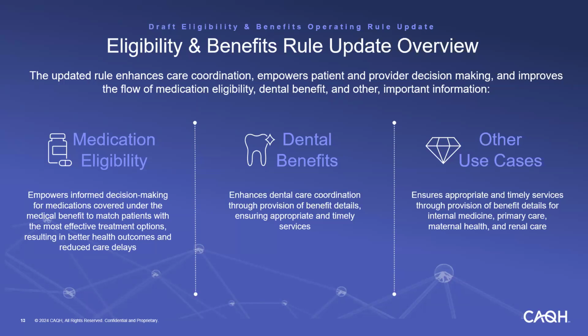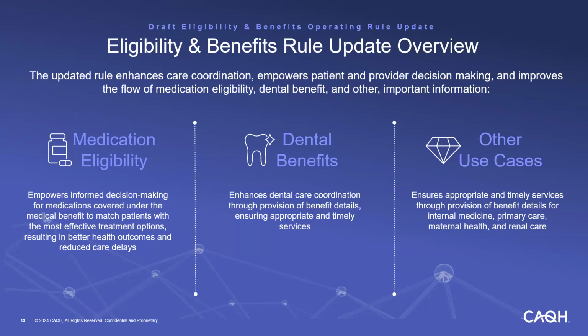And here we go. So the updated eligibility and benefits rule, I'll be referring to the updated rule as version 2.1. It aims to enhance care coordination, empower patient and provider decision-making, and improve the flow of medication eligibility, dental benefit, and other important information, all items that we, of course, can get on board with.